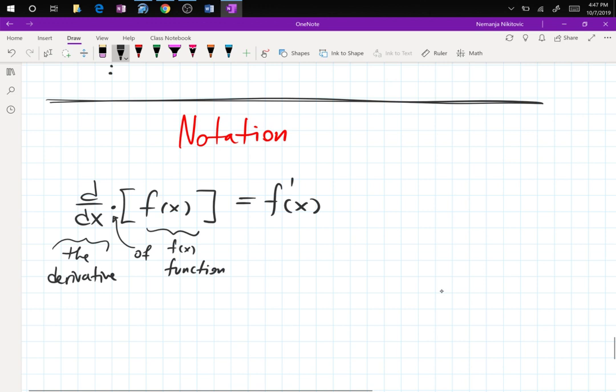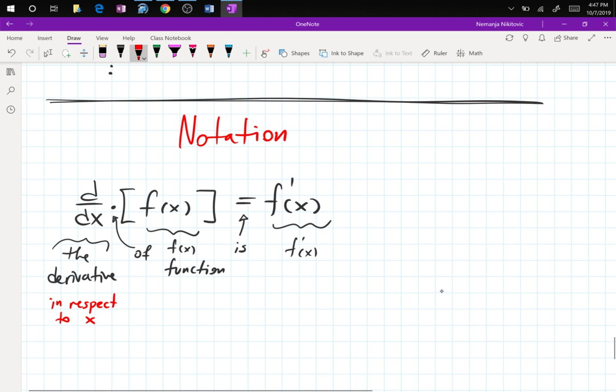So the derivative of the function, and then you have the f prime, which is the derivative, which is a different function. So when you are reading the notation, you always say the derivative. Now what you also can say over here is with respect to x, because it's d over dx.